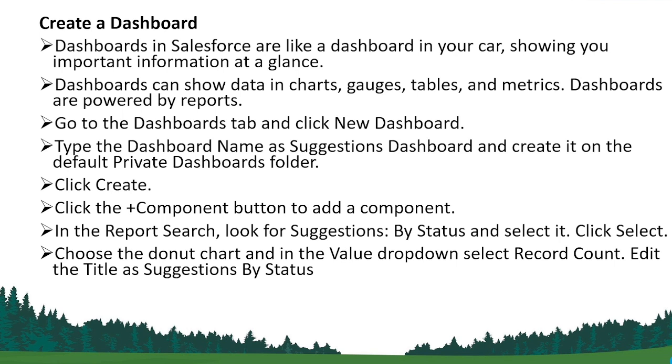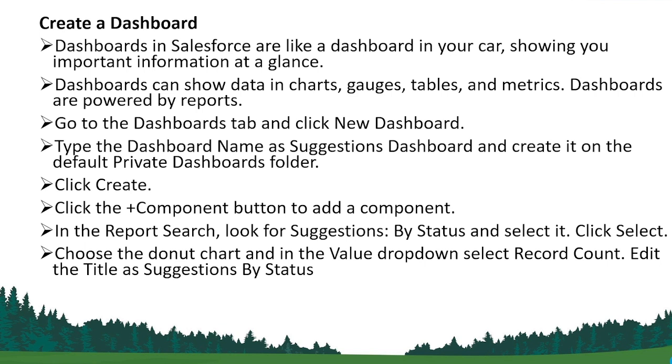Then after that, there is a plus button available. You can add different components or columns for representing the essential information of a particular record that is available in the dashboard. So when you want to search for a report, you look for any suggestions by status, select it, and then click on the select option.